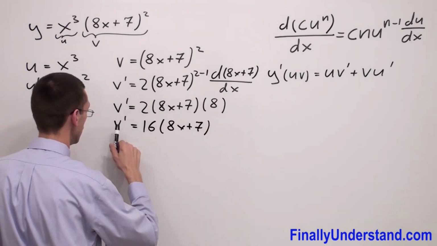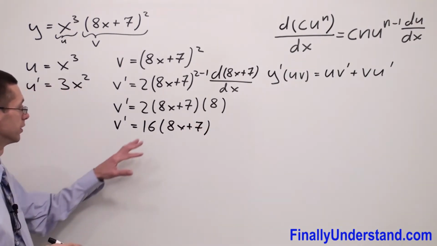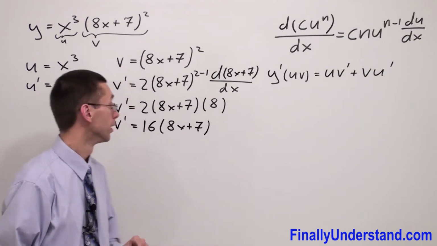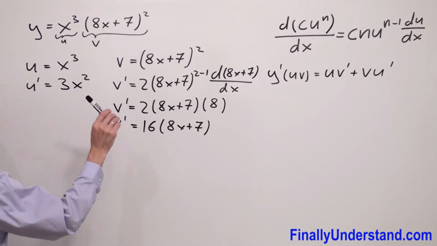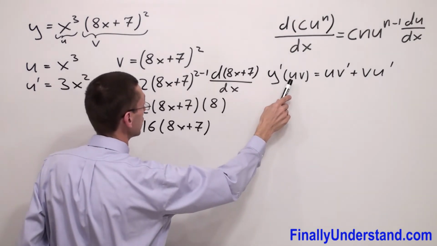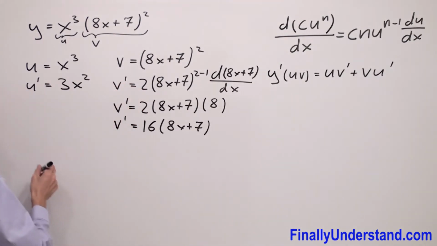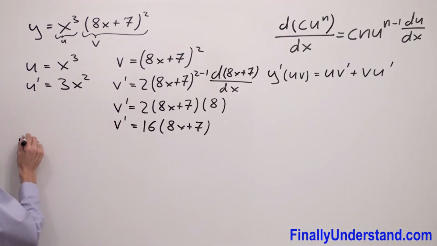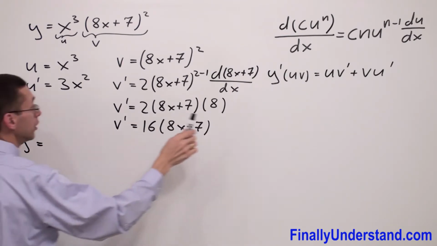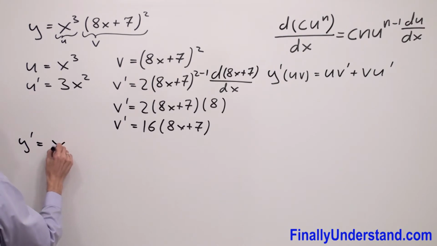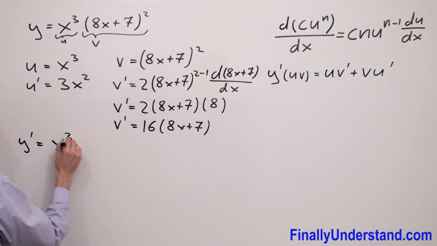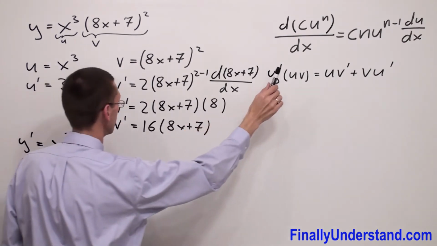And I'm going to leave the derivative of v in this form. Next, I'm supposed to apply the rule for the product of two factors. So I have y prime is equal to u. My u is equal to x cubed times v prime.